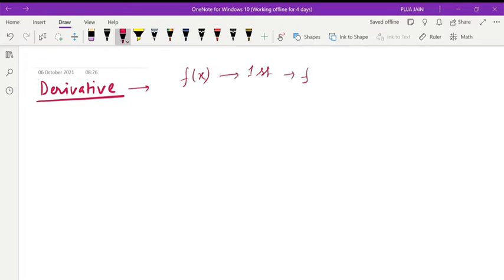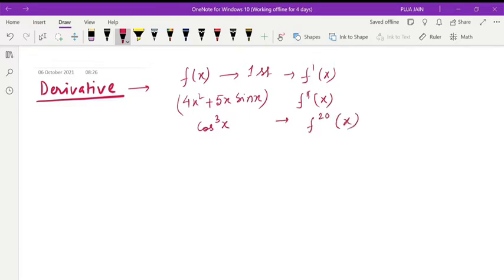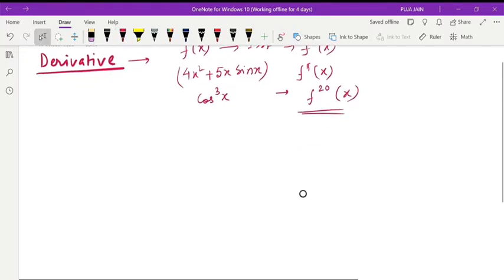Then it's easy, we can calculate. Suppose the function is 4x square plus 5x sin x, or suppose the function is cos cube x and we need to find the first derivative. It's easy. Then if we need to find the second derivative, it's easy. But if I say you have to find the 20th derivative, is this easy? No, right? This is not so easy.